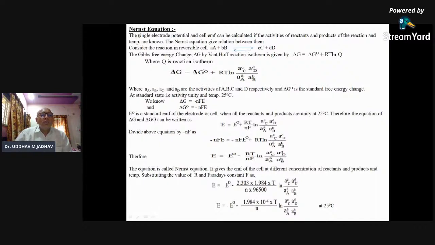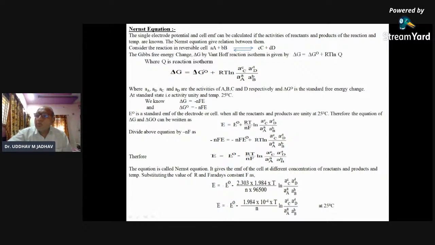The scientist Nernst gave the equation for the calculation of EMF of a cell.